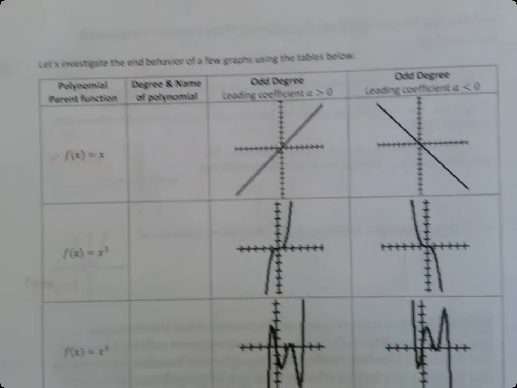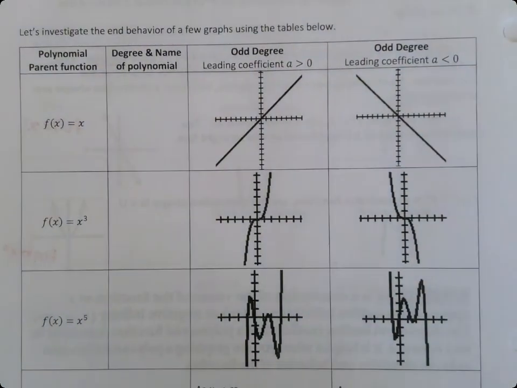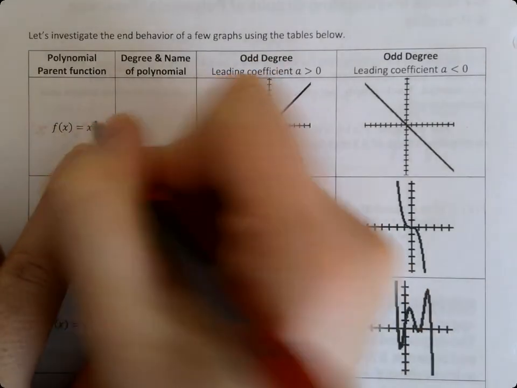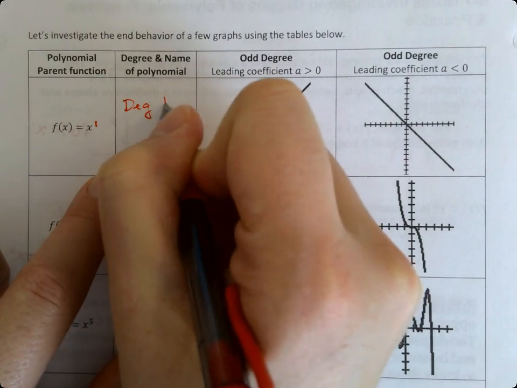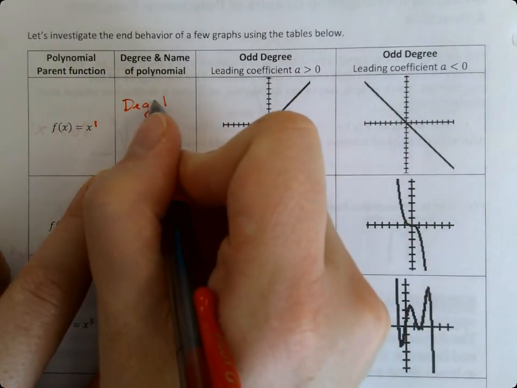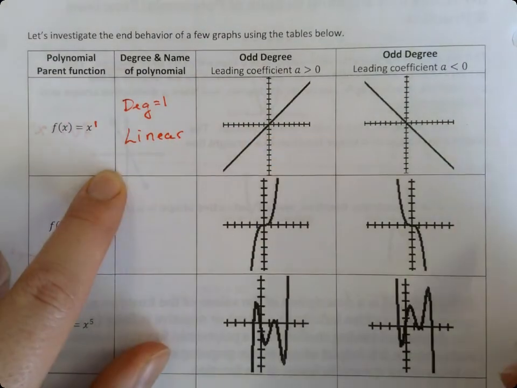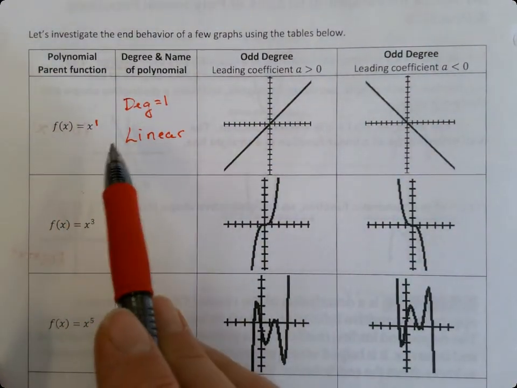Now we have some information to fill in on this page here. So we already know f of x equals x is the same as saying x to the first. So the degree of this polynomial is 1. And what is the name of this polynomial? It is linear. So we know that's a linear polynomial. Now, this is the parent function, the most basic.